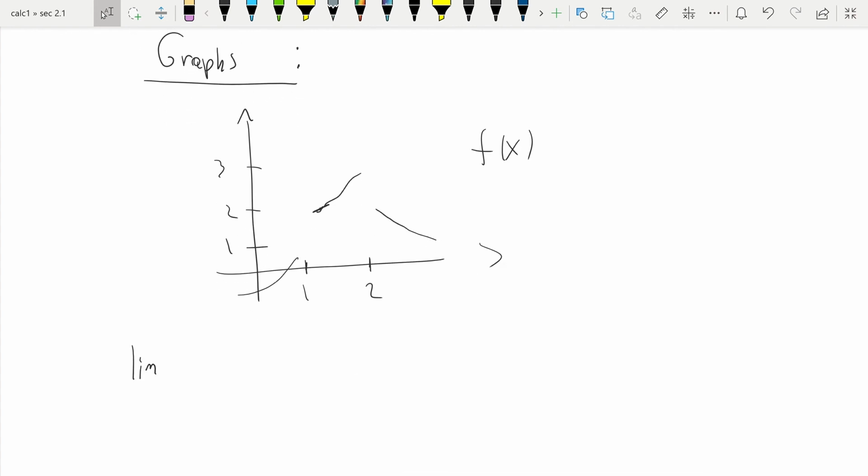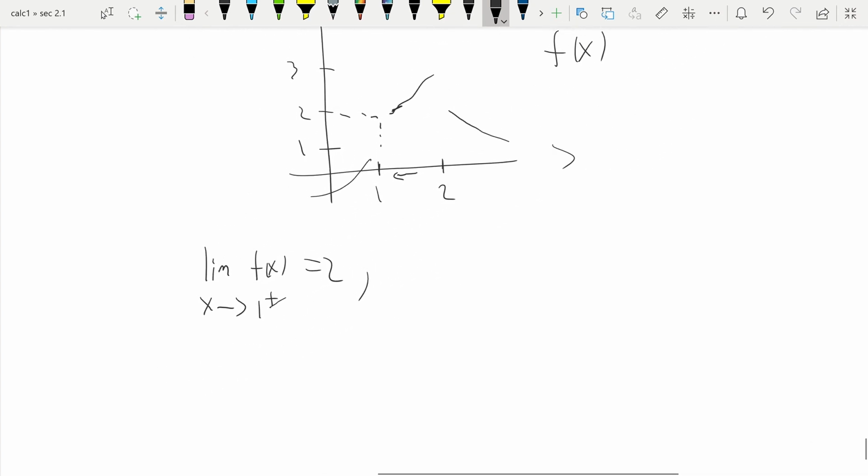That the limit of f of x as you approach 1 from the right is, so if we move in this direction, then we're getting closer to this value here. And that is 2. Sorry for my poor drawing skills.